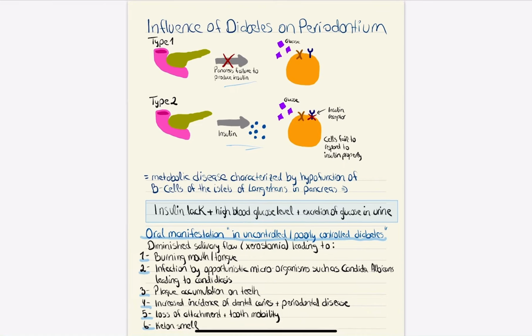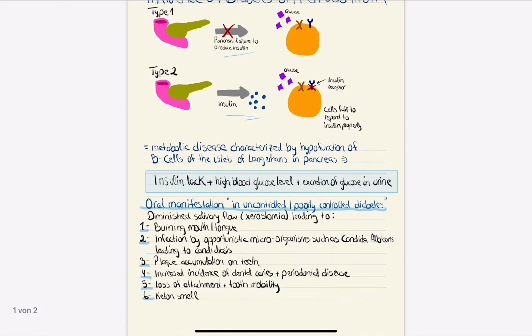So basically, diabetes is a metabolic disease characterized by hypofunction of B cells of the islets of Langerhans in the pancreas. This leads to an insulin lack, plus high blood glucose level, plus excretion of glucose in urine.